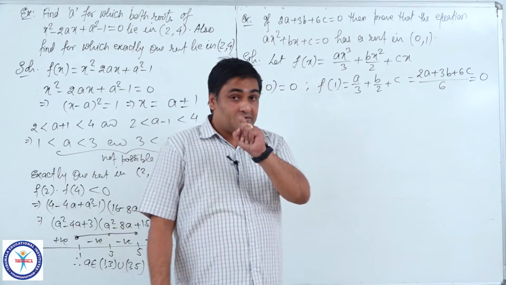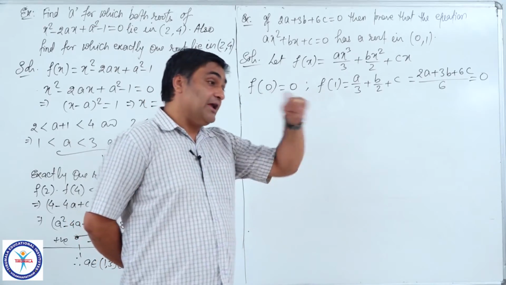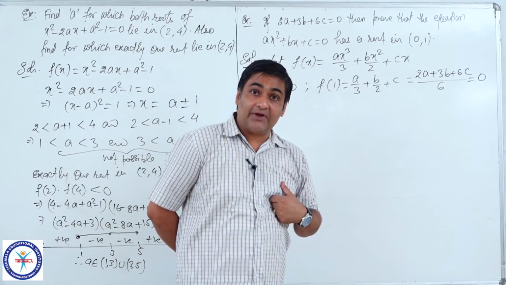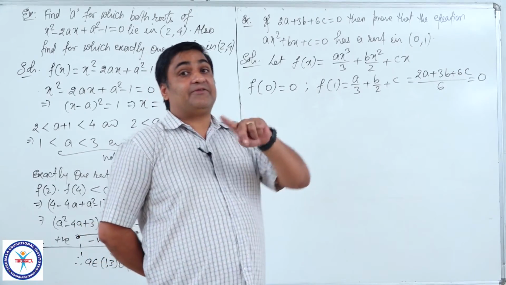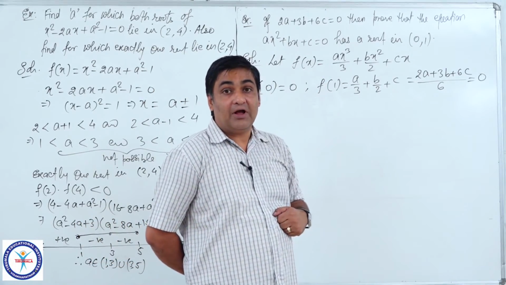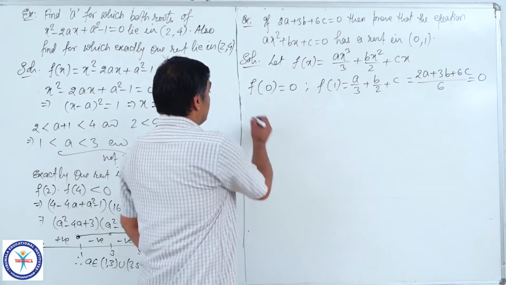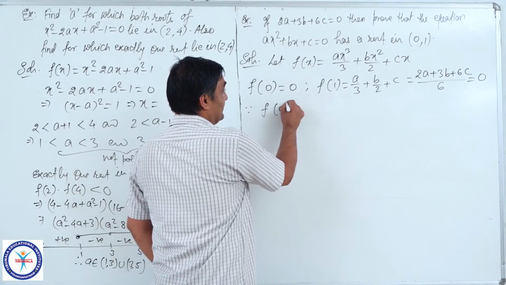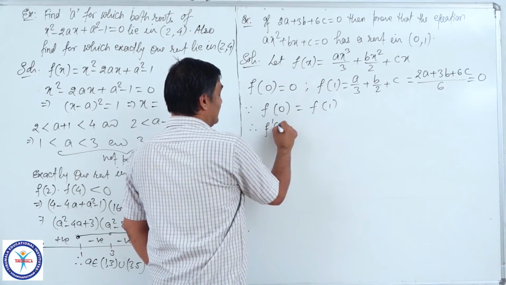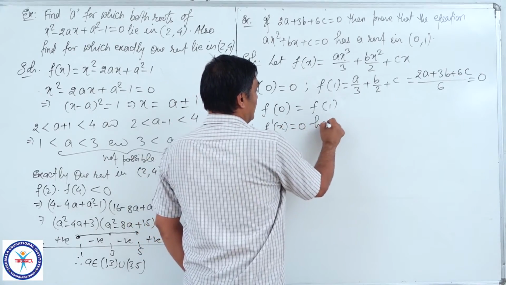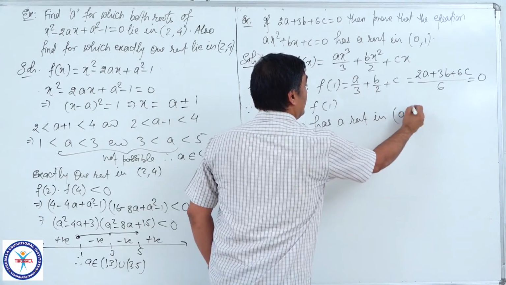So, consider point 10. If f of k1 is equal to f of k2, then the equation f dash x equal to 0 has a root in (k1, k2). Since f of 0 is equal to f of 1, therefore f dash x equal to 0 has a root in (0, 1).